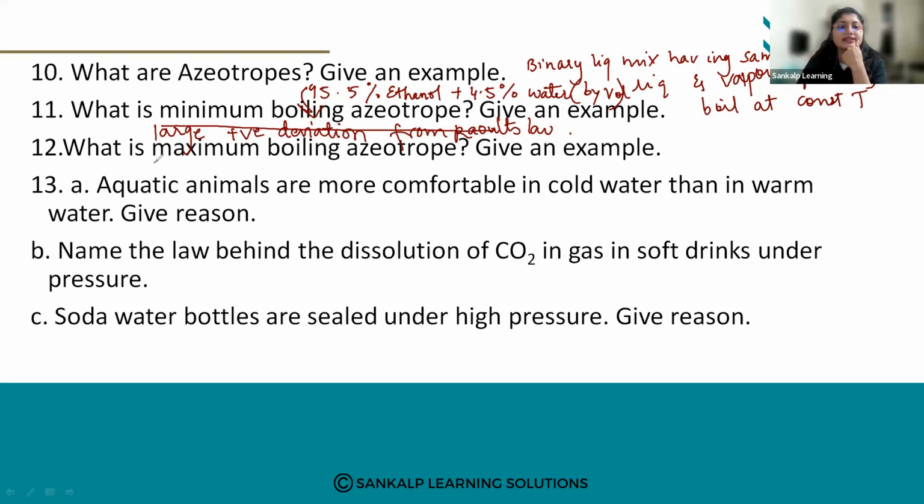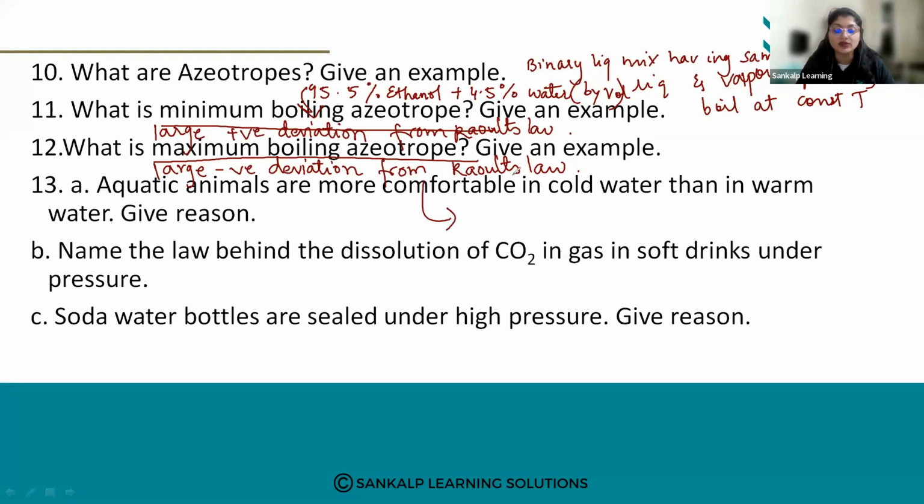Next is maximum boiling azeotrope. What do you mean by maximum boiling azeotrope? The solutions which show large negative deviation from Raoult's law at specific composition are called maximum boiling azeotrope.